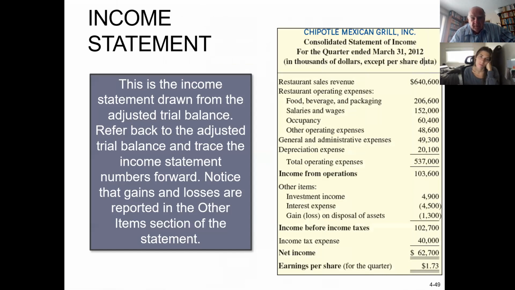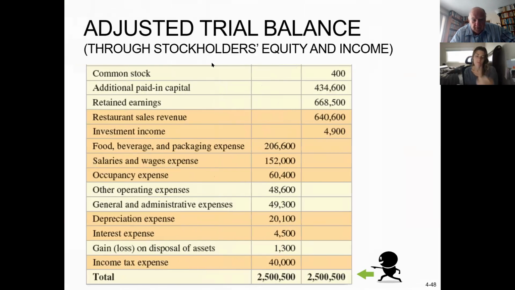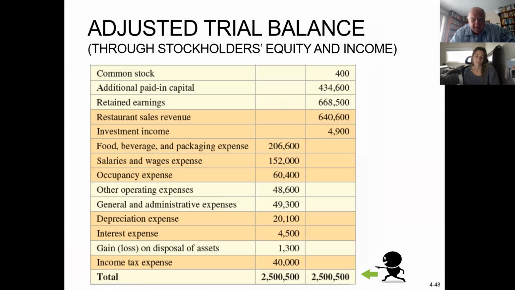Now that we have this trial balance completed, we are ready to prepare our income statement. The income statement is drawn from the adjusted trial balance. Refer back to the adjusted trial balance and trace the income statement numbers forward. So let's do that, okay?